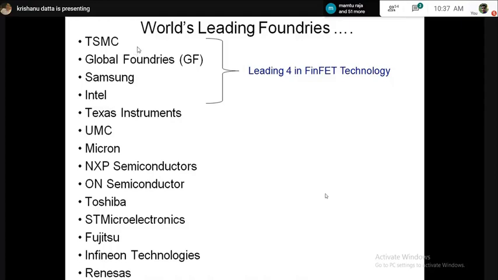In fact, 50% of Intel's manufacturing revenue comes from TSMC. In our time, Samsung's existence was almost not there in the semiconductor industry. Today, if you talk about design and manufacturing, Samsung is the world leader, not Intel anymore. As we go, I can discuss more about this.